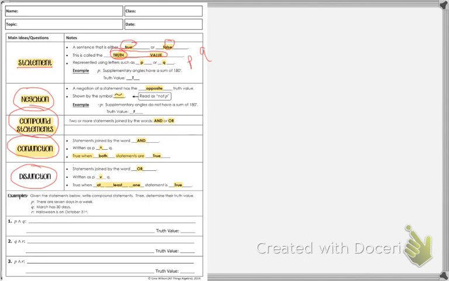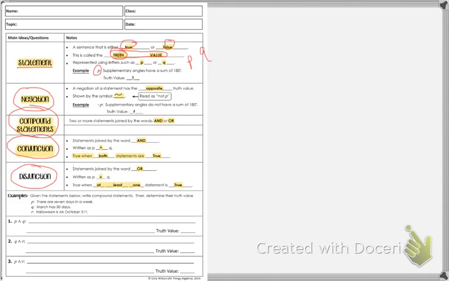Now here's an example. Here's a statement. We only have one statement, so we use the letter P. Supplementary angles have a sum of 180 degrees. Well, we've learned that is true. So the truth value is true.